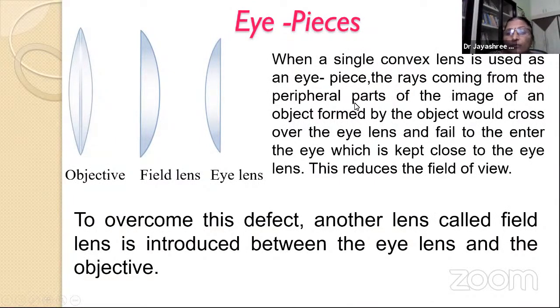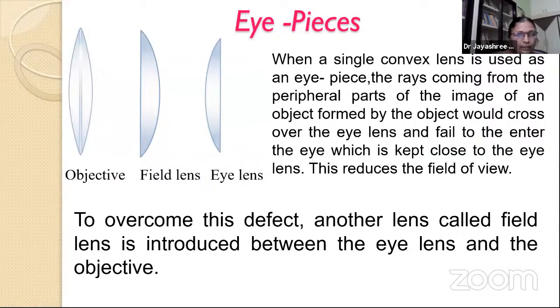The rays coming from the peripheral parts of the image of an object, which are the edge parts, formed by the object, would cross over the eye lens. And what happens then?